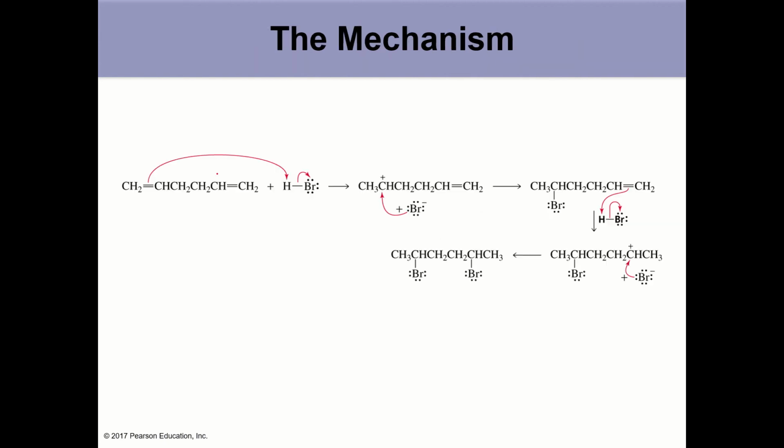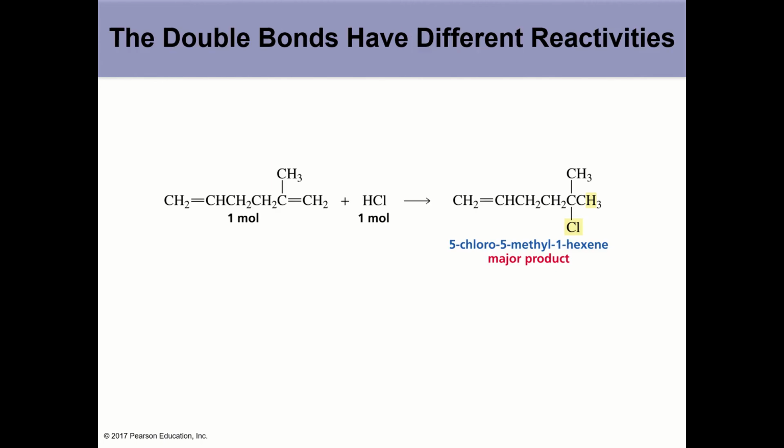The mechanism is the same. The pi electrons add hydrogen and bromide leaves. Then bromide will add to the cation, giving the first halogen added. Then the other pi bond will add a hydrogen. Bromide will leave. Bromide will add to the cation, and we have the dihalide.